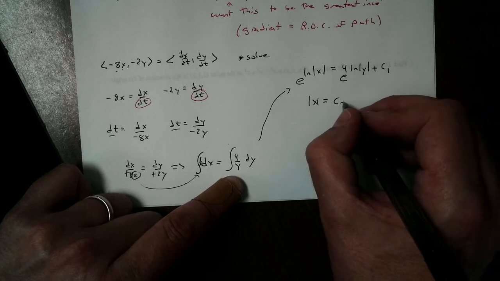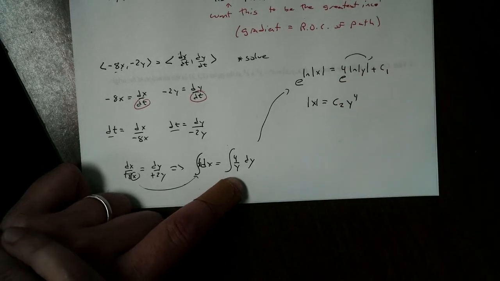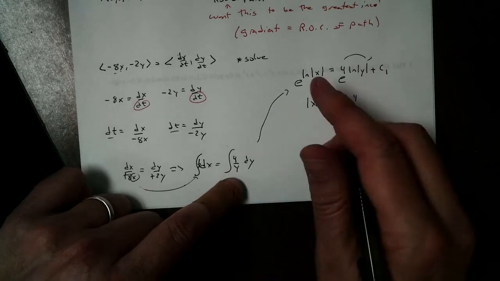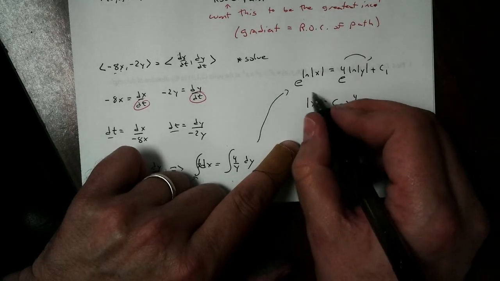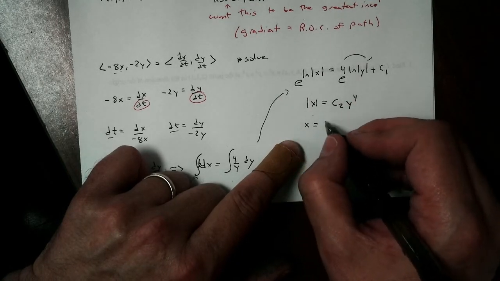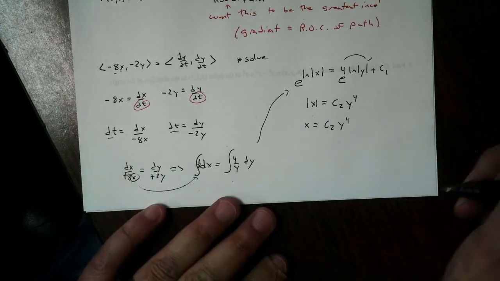This just becomes c2 y to the 4th, and we can use the power rule to bring that 4 up to the top. When you take the absolute value of x, we get plus or minus c2. That just gets absorbed, so we can just leave that as c2 y to the 4th. And there it is.